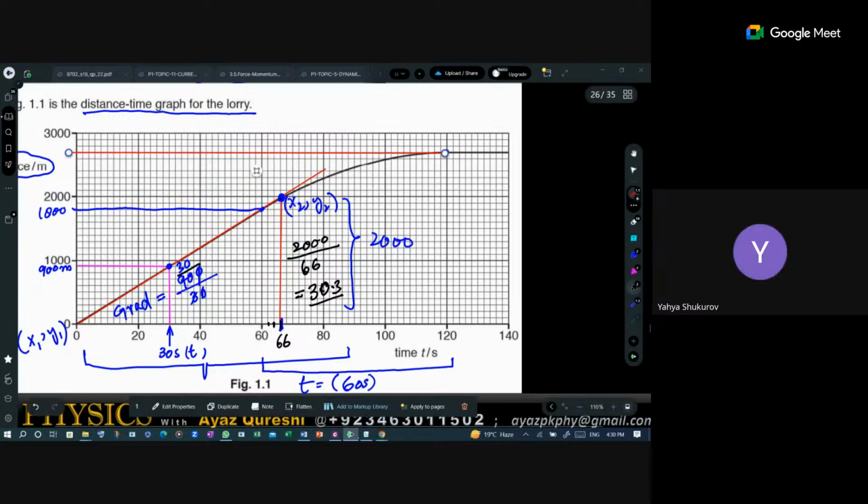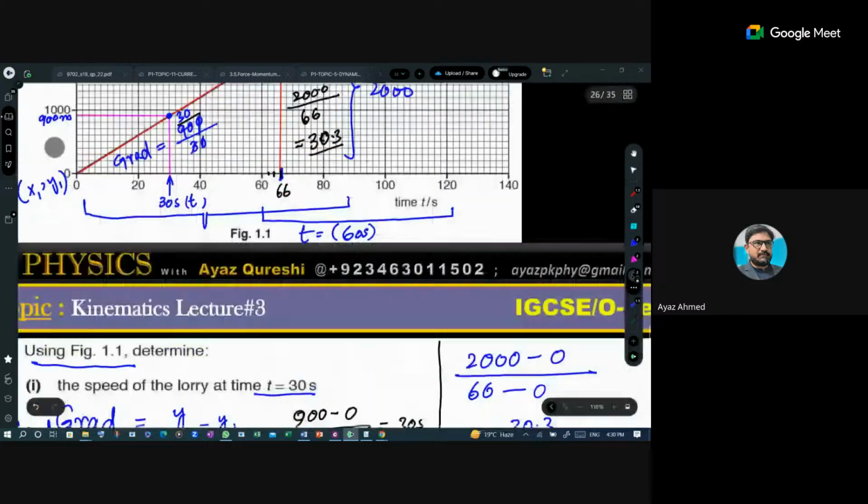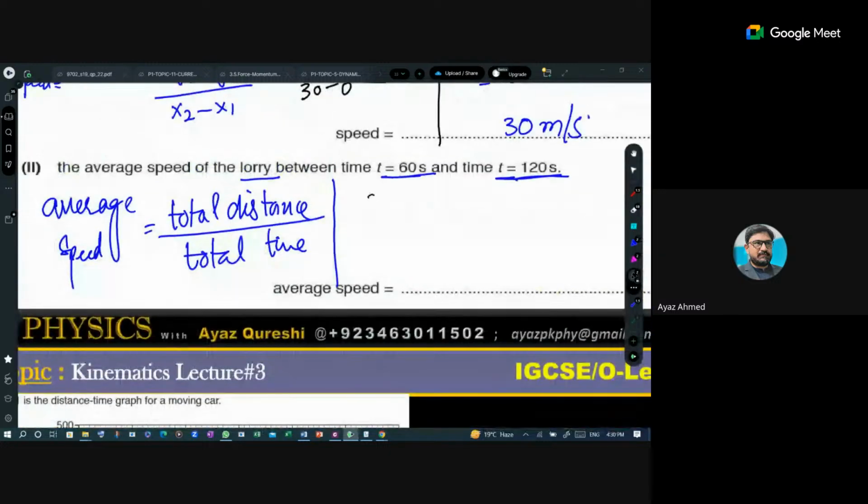And then at the 120th second, how much distance does it have? It is 2000, 21, 22, 23, 24, 25, 26, 27, 2700, is it? So the total distance is 2700 minus 1800 meters divided by 120 seconds minus 60 seconds.